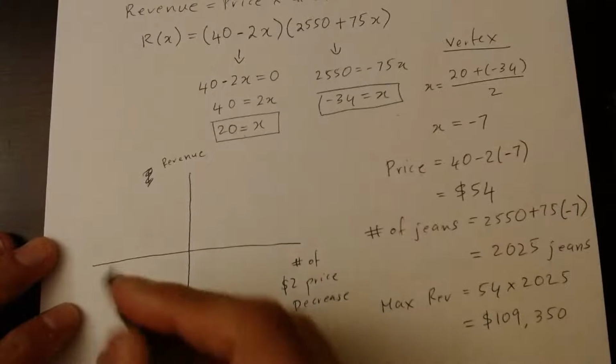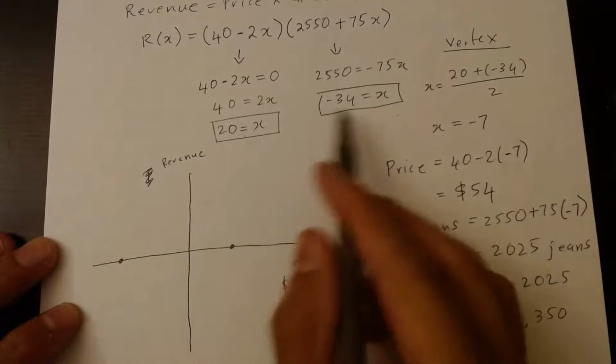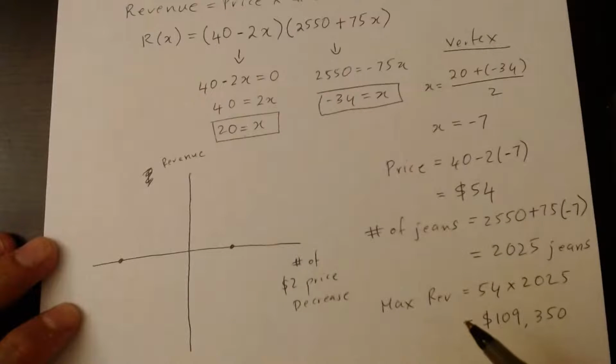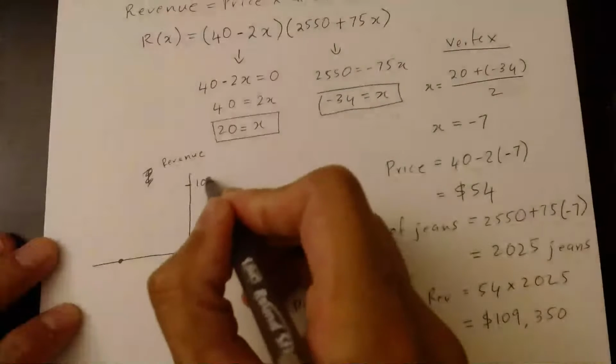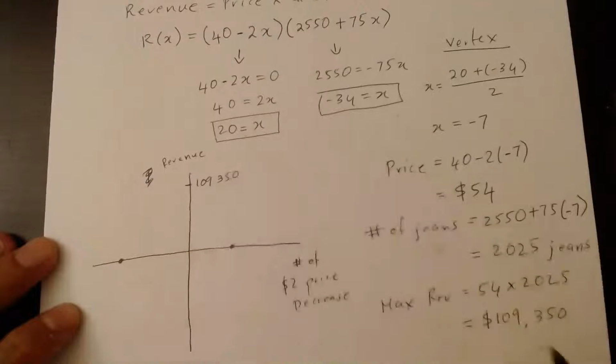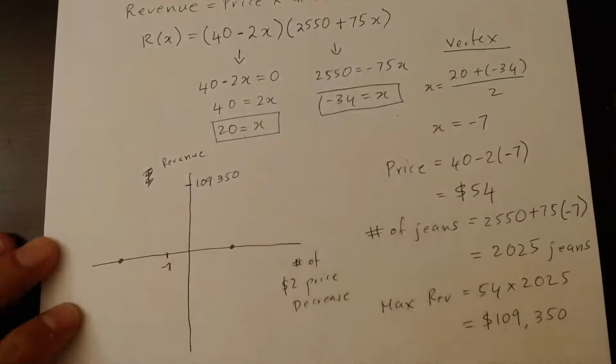And then we know that we have negative 34 and positive 20 as our x-intercepts. And we also know that the max revenue is 109,350. We know the x value of this is negative 7 over here.